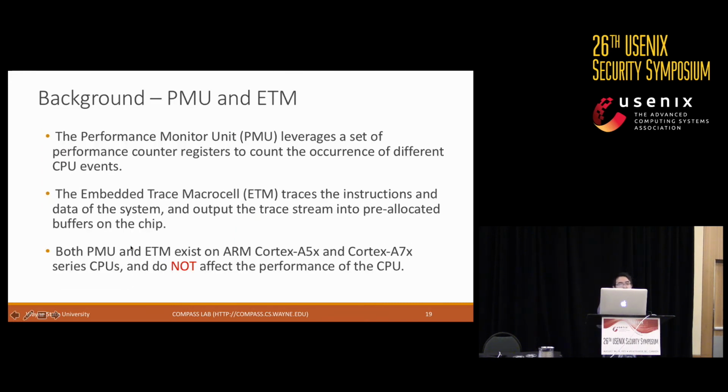Other than TrustZone, we also use the performance monitor unit and the Embedded Trace Macrocell. The performance monitor unit, or PMU, leverages a set of performance counter registers to count the occurrence of different CPU events, such as CPU cycles, retired instructions, and system calls.